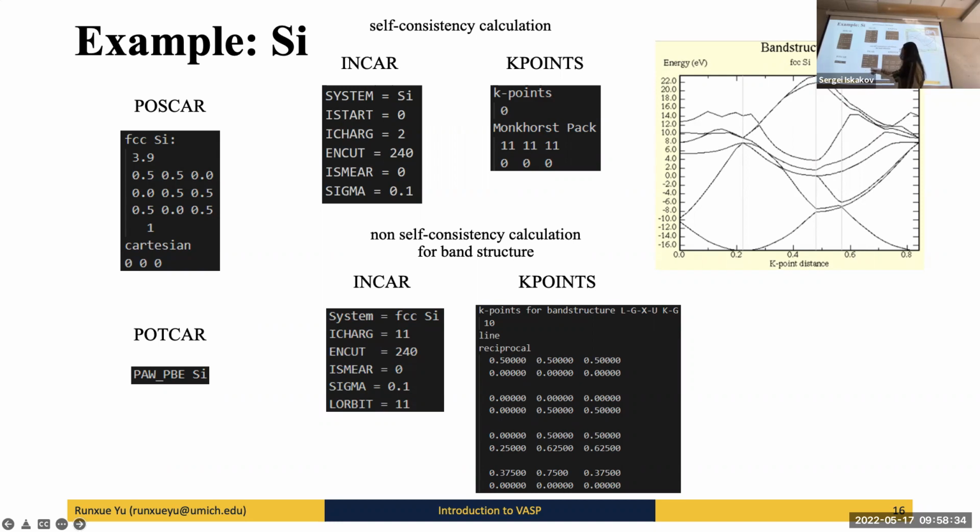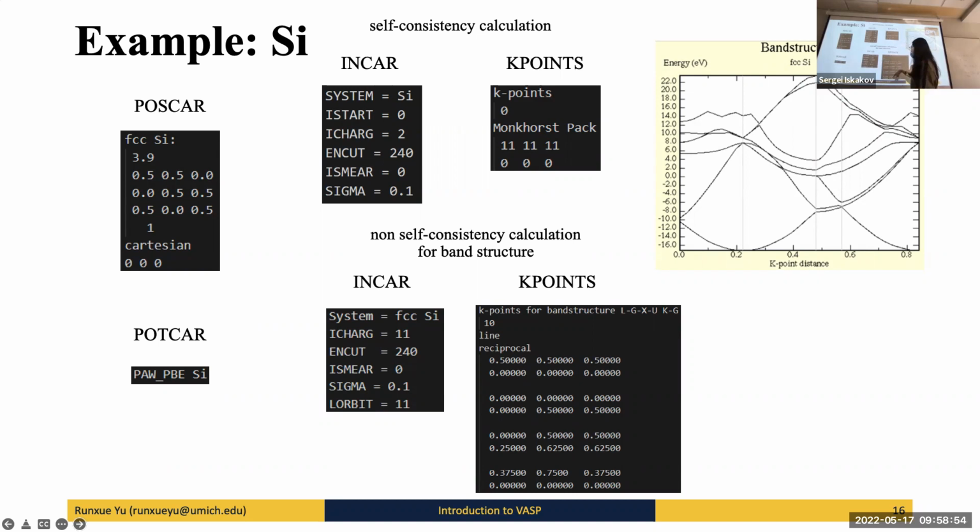First we want to have the density of states and the PROCAR file here, and ICHARG will be 11 so that it can read from the CHGCAR file.